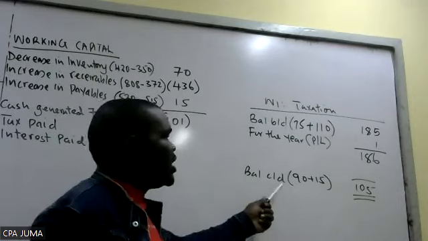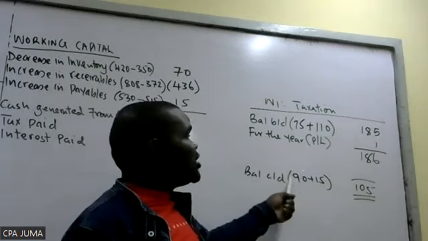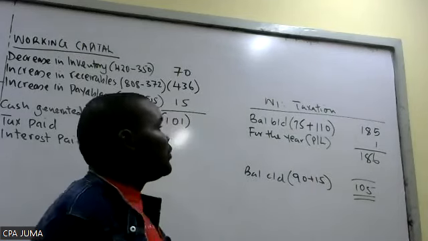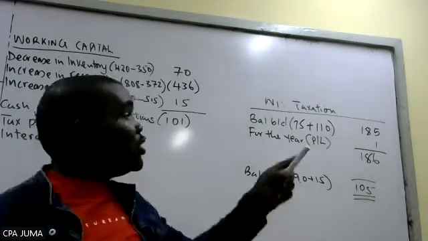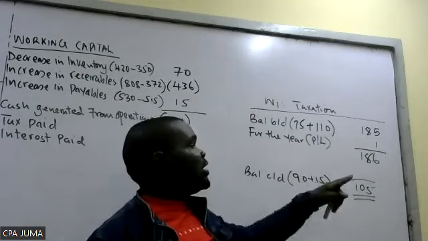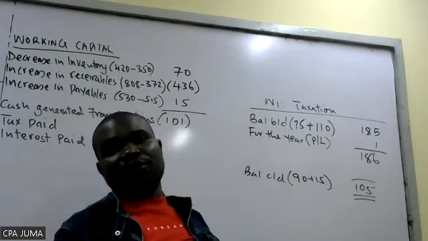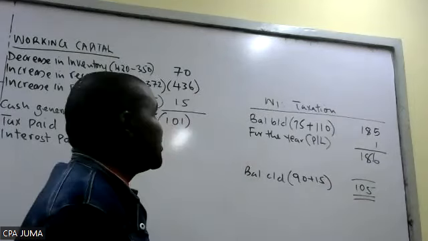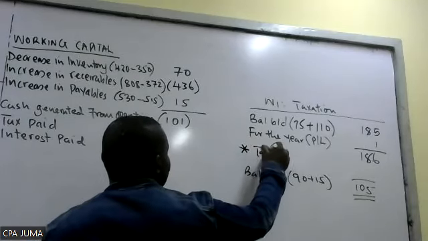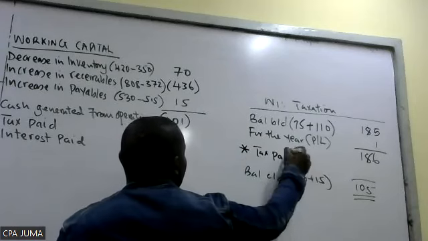Check deferred under non-current liabilities, then current. So the tax total was supposed to be 186. But when we check the liabilities at the end, it is a total of 105. So it means they paid. So there was tax paid. The balance is bigger.